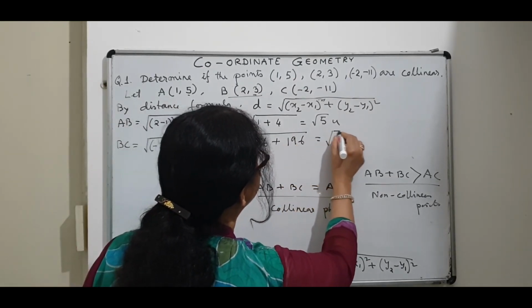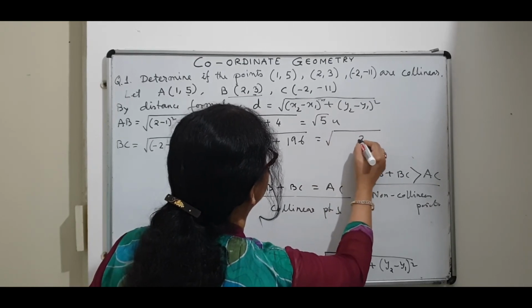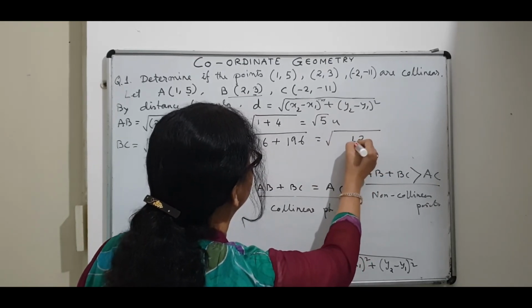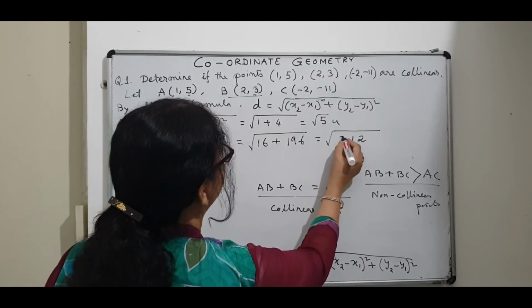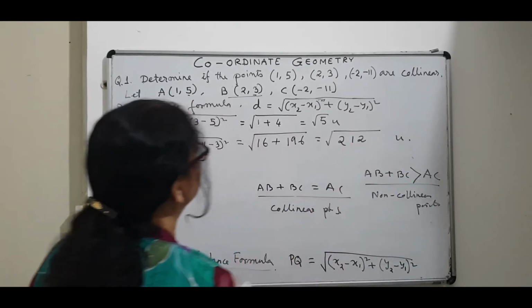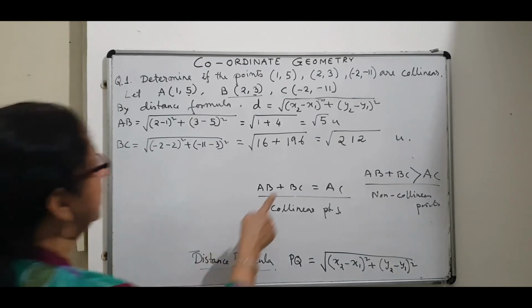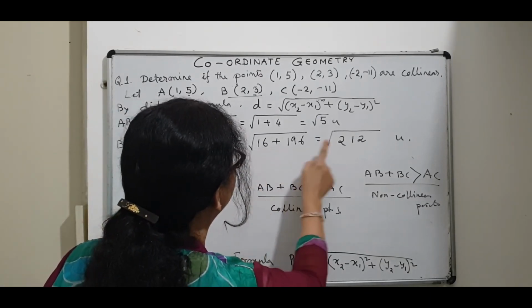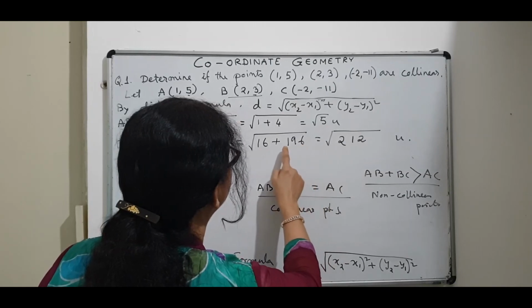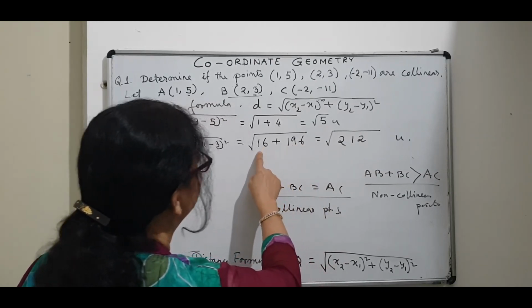So how much is it? Root 212 unit. Okay. Is it okay?